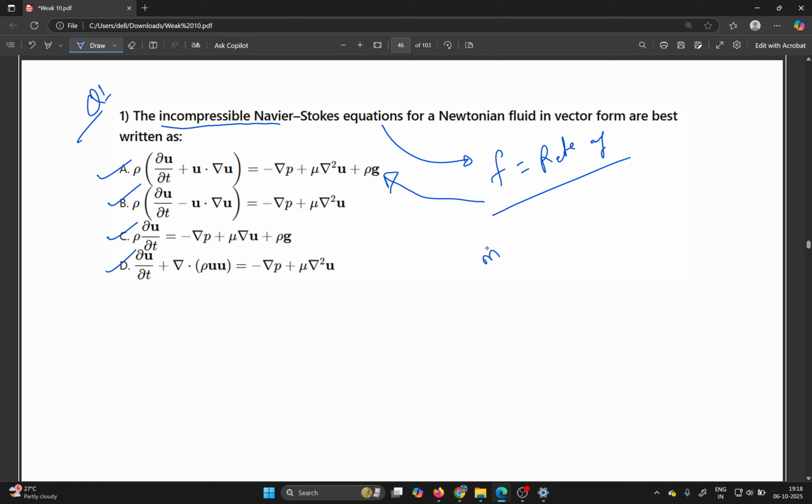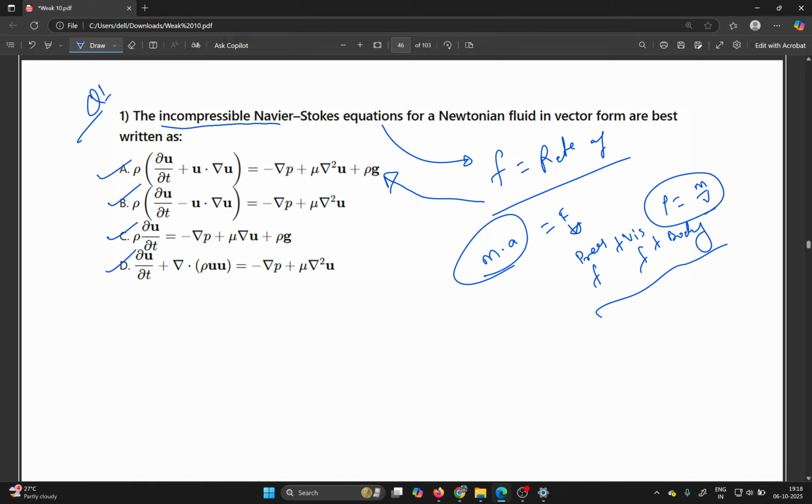Rho is related to mass, because as you know density is mass by volume, so it is mass into acceleration. This is equal to all forces: the pressure force plus the viscous force plus the body force. So these three forces equal the acceleration. This is nothing but force equal to mass into acceleration. You have to think on that.